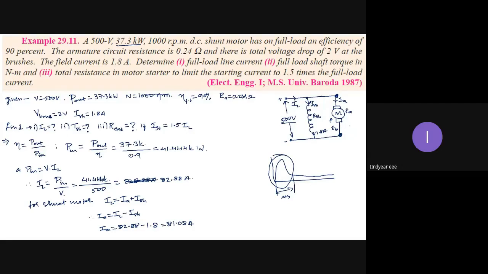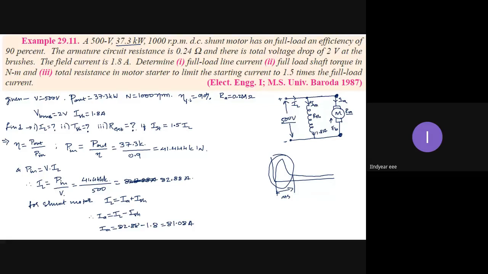Between these two terminals, what are the voltages we have? We have the IRA drop and the brush contact drop. The current IA is flowing through RA, and the brush contact drop is 2 volts.